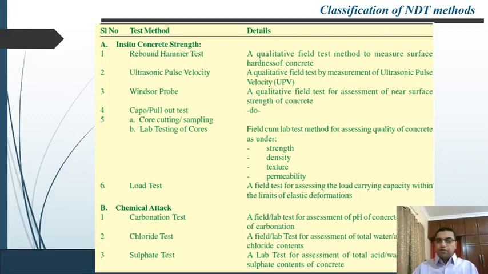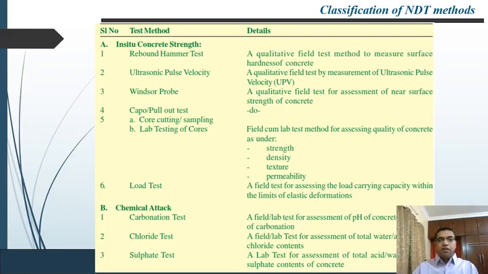Now, we have in situ concrete strength. In that we have again rebound hammer. This is the same as the mechanical properties determination in the previous classification. So you will have similar tests: rebound hammer test, ultrasonic pulse velocity test, Windsor probe test. These are non-destructive.